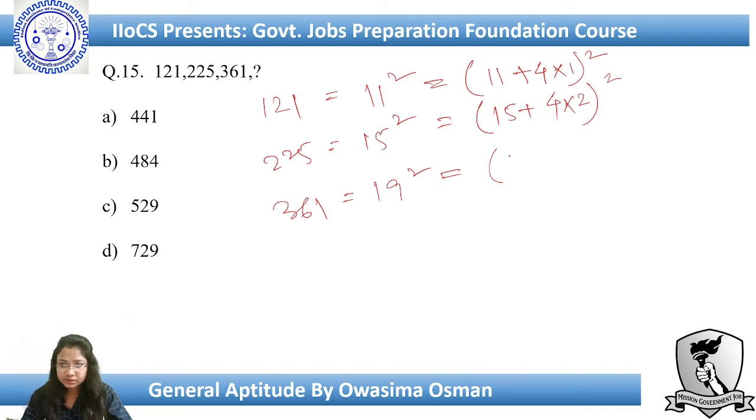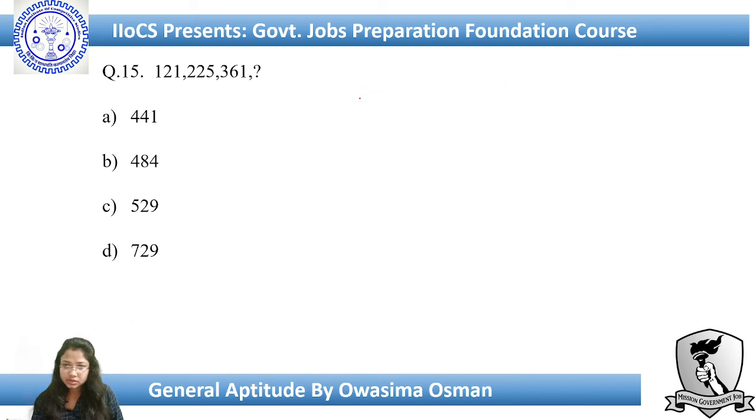So if we write 19 plus 4 into 3 whole square, no guys, it will not be.